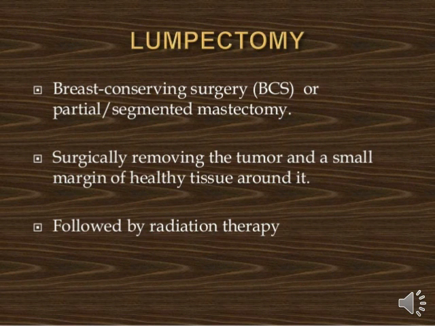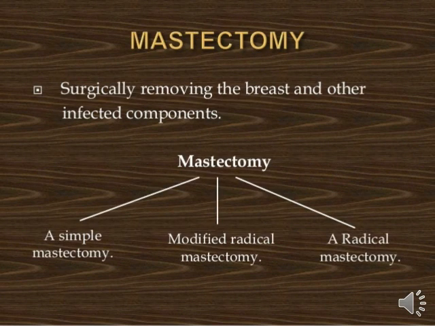Now the second surgery is mastectomy. Mastectomy means, students, surgically removing the breast and other infected components. Mastectomy is divided into three kinds: simple mastectomy, modified radical mastectomy, and radical mastectomy. Basically we perform this surgery in breast cancer or breast tumor if the patient is not able to take hormonal therapy, radiation therapy, or chemotherapy. In that condition we perform surgical management, and it is a main important surgery for breast tumor or breast cancer.